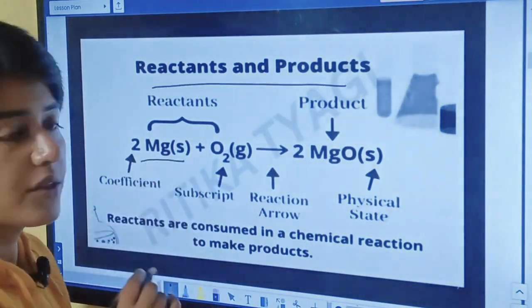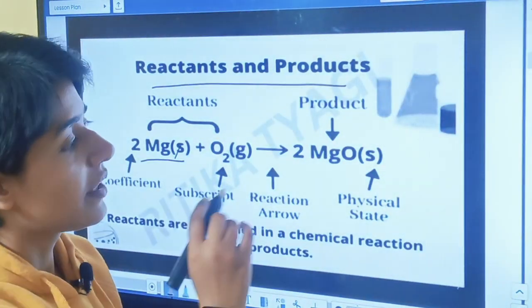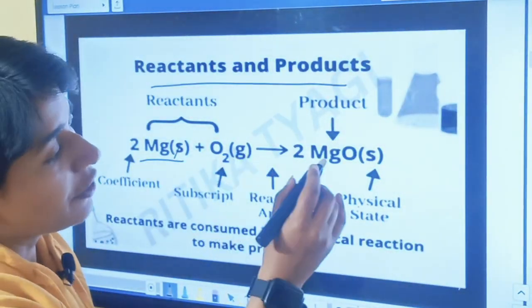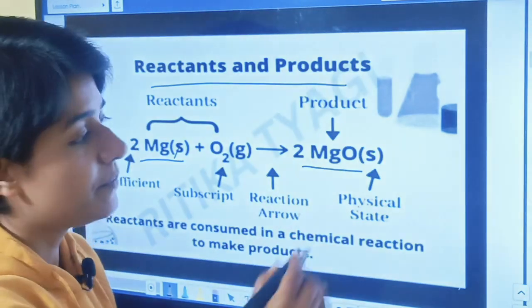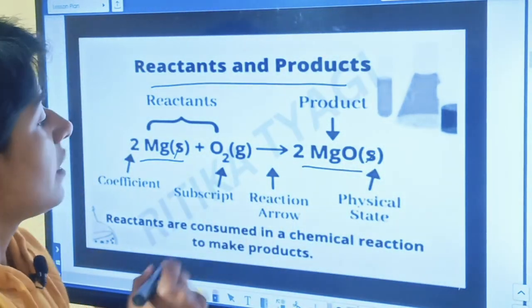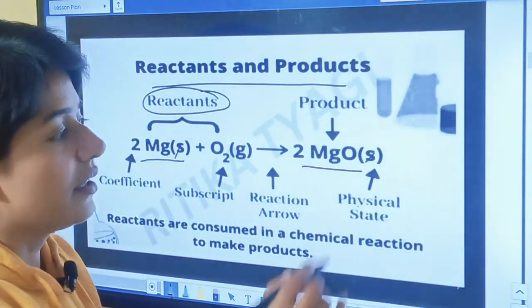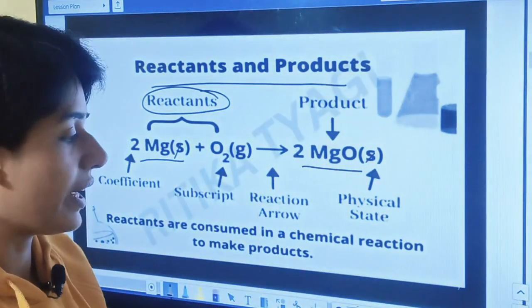Here Mg is solid, S represents the solid state, and O2 is gaseous in state. In front of the arrow there is magnesium oxide, state S, that is the solid physical state. Here Mg and O2 are the reactants of this reaction, whereas MgO is the product.